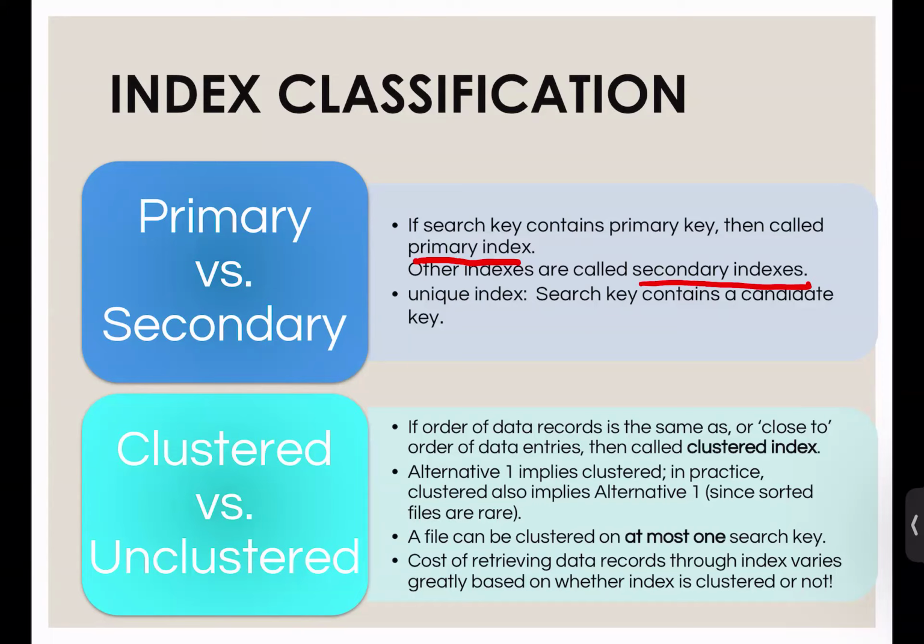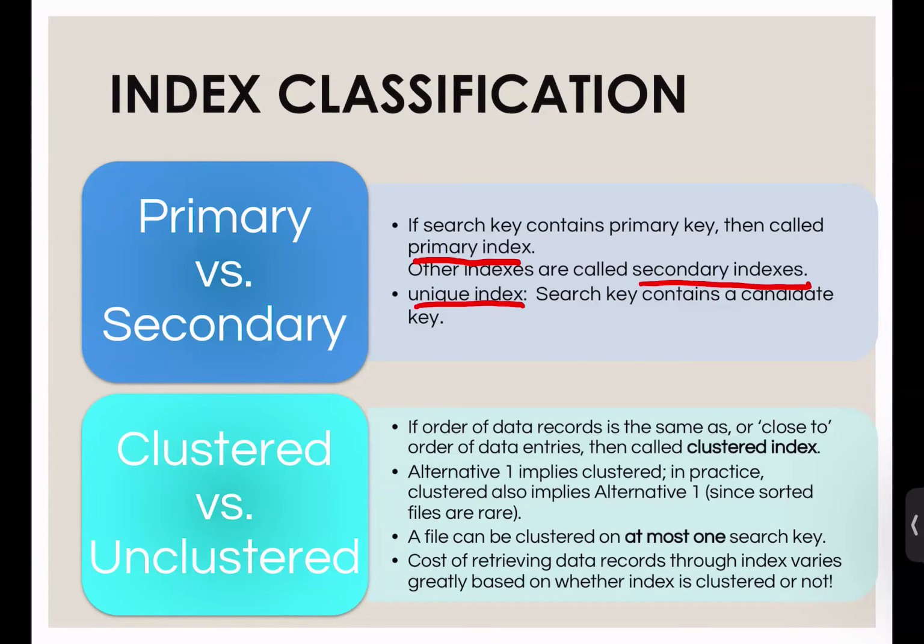So if you want to emphasize that our search key contains a candidate key, we can call it a unique index as well. But usually, if you just want to classify whether it is primary or non-primary, we say primary index or secondary index. This is one way of looking at indexes.